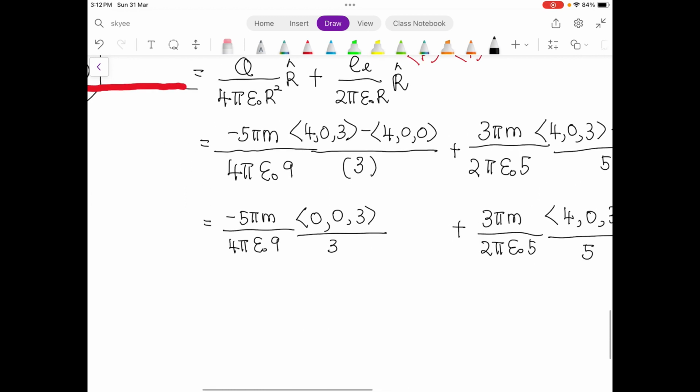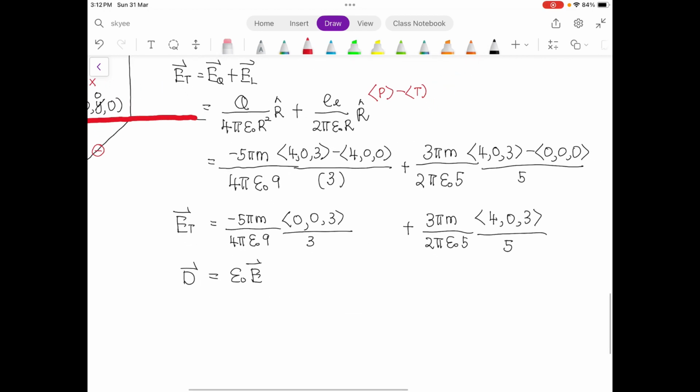This one will be the total E. Now, the D equals epsilon naught multiplied with the E. So you take the whole terms over here and multiply with the epsilon naught. Am I right? Okay, so you will get your D.